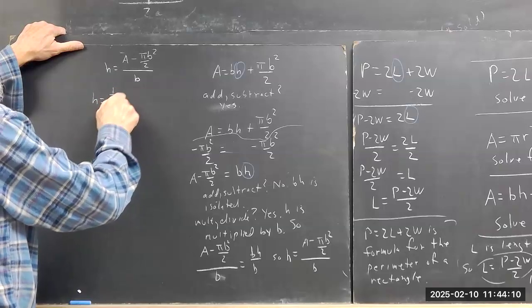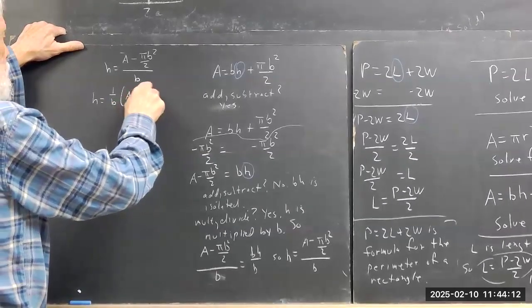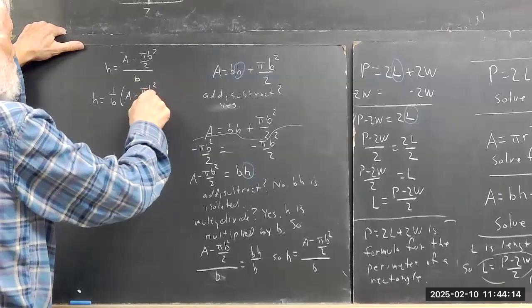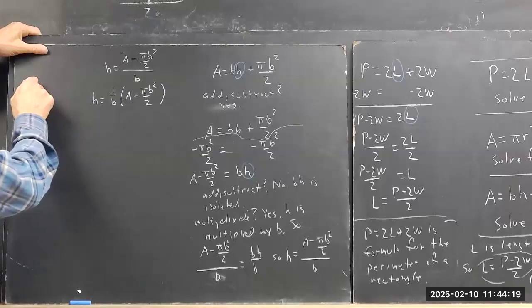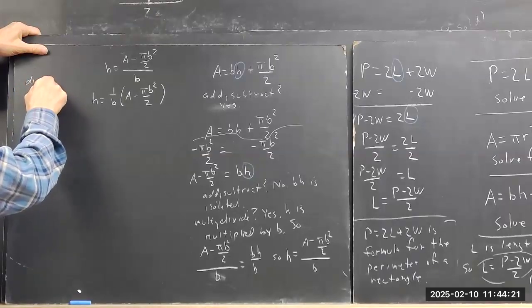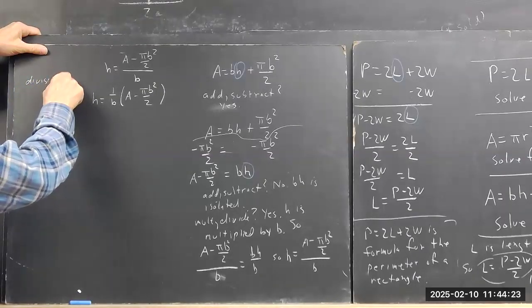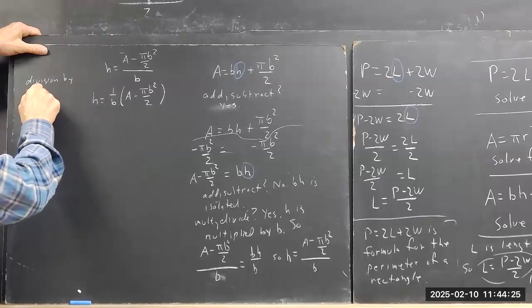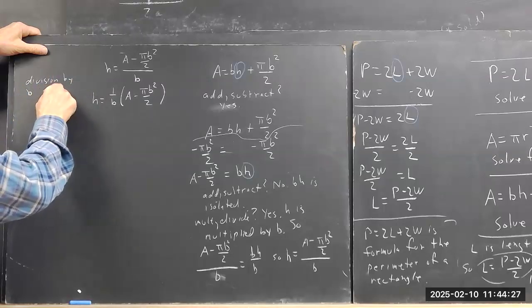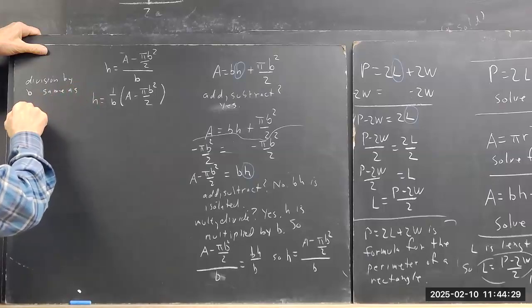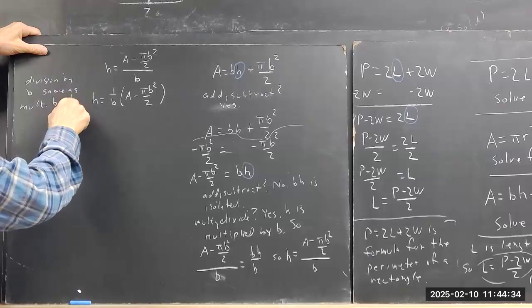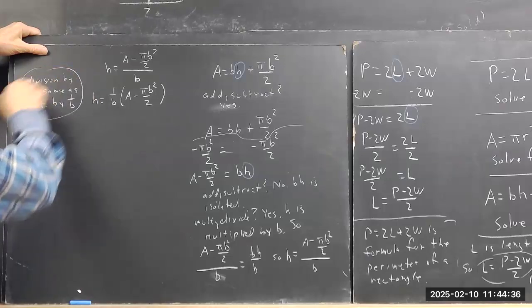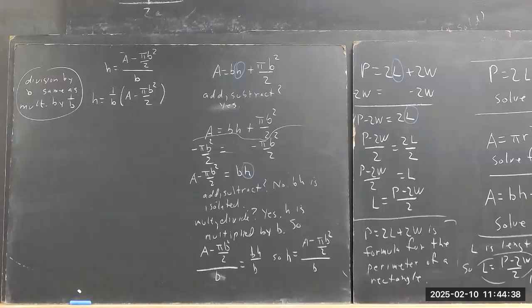So we have 1 over b multiplied by a minus pi b squared over 2.